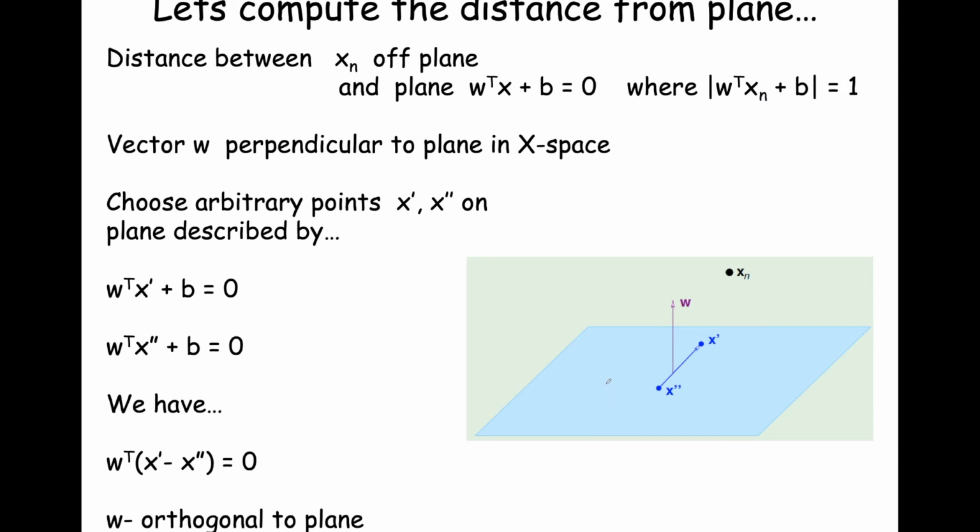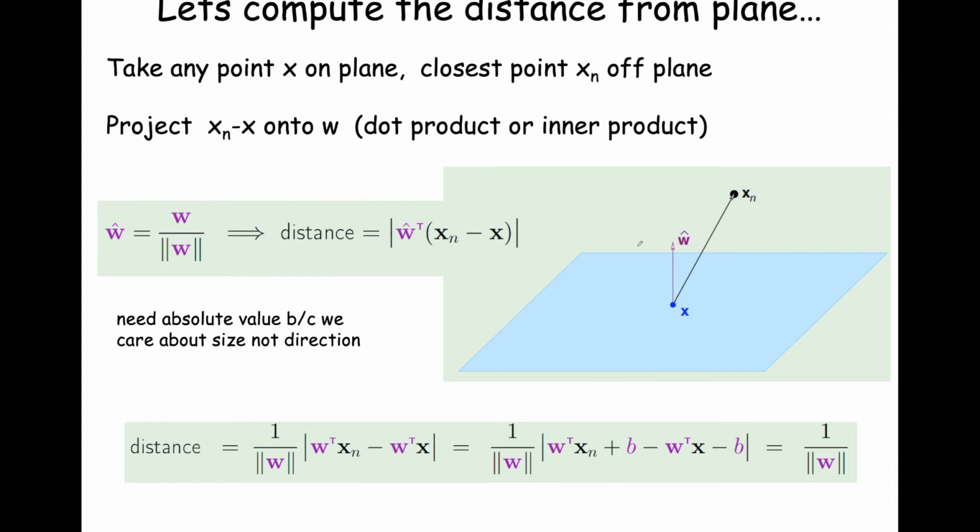So now what we want to do is measure the distance between our xn and the plane. And how we're going to do that is we're going to take any point on the plane, let's call that x, and we're going to take our closest point off plane, let's call that xn.